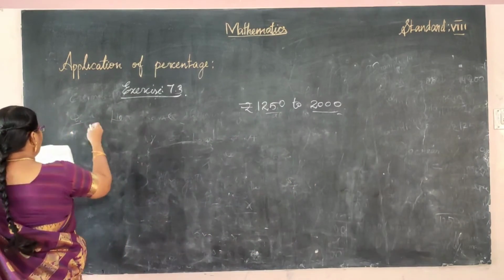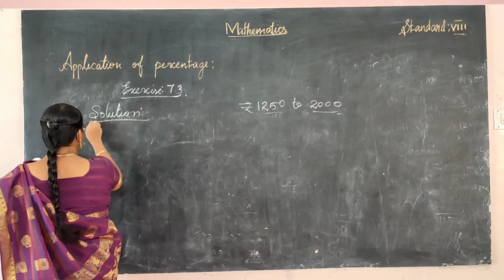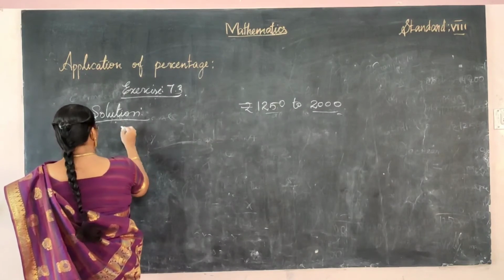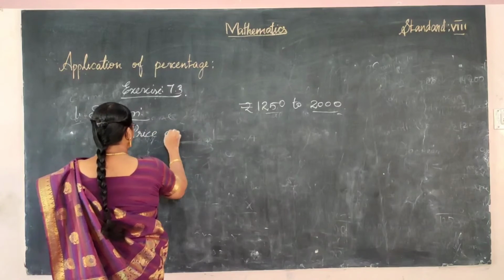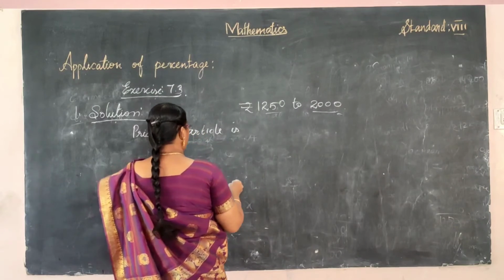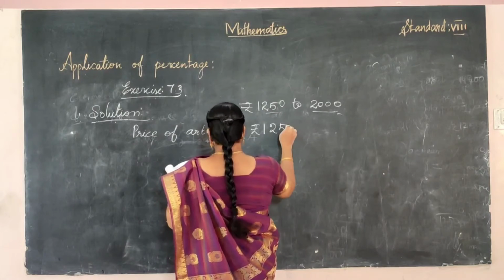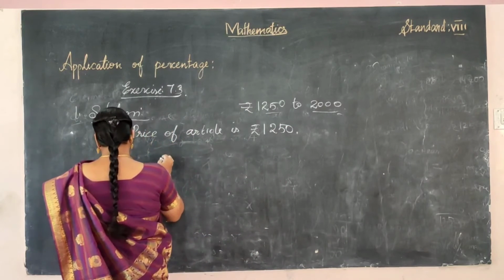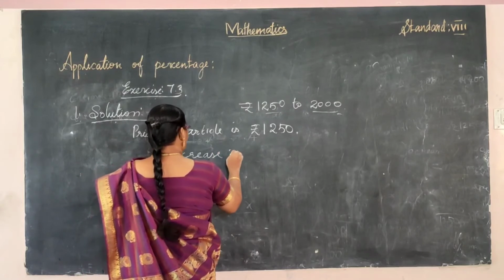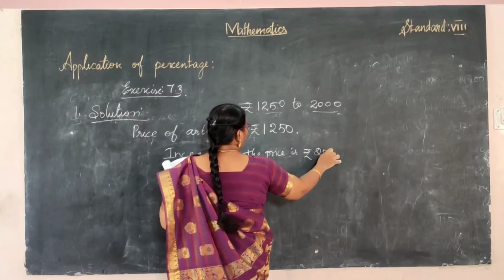We have to find the percentage of increase. Right, now see the given. The price of the article is rupees 1250. The increase in the price is rupees 2000.